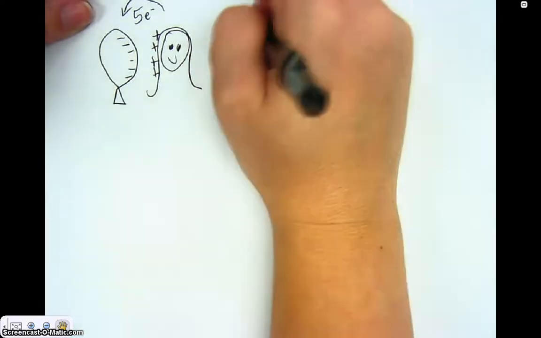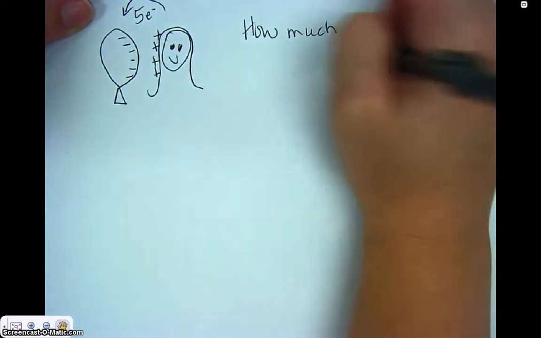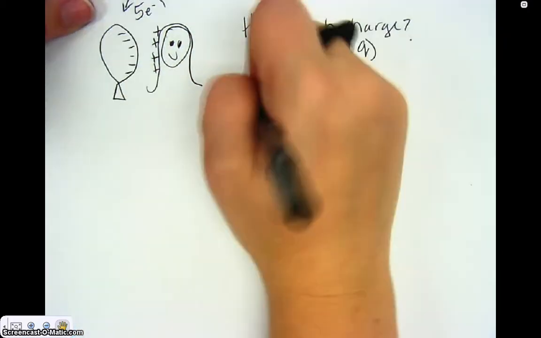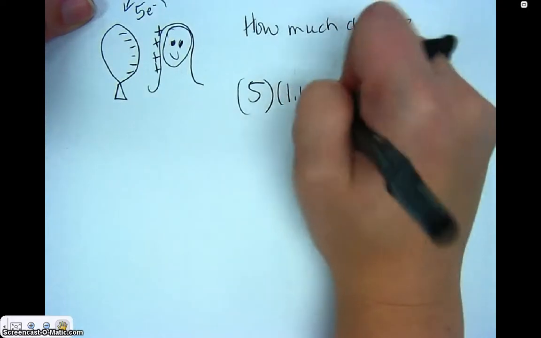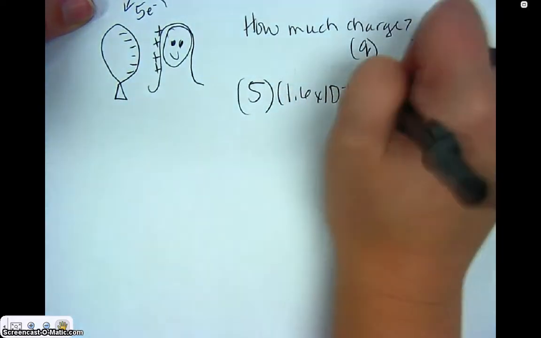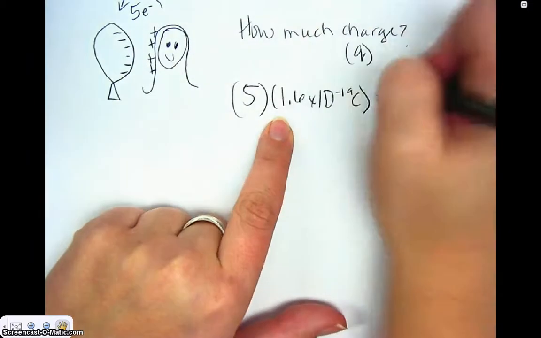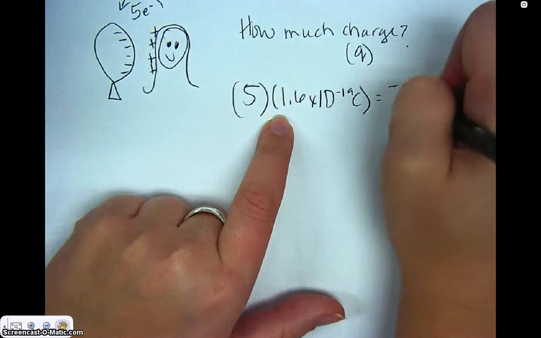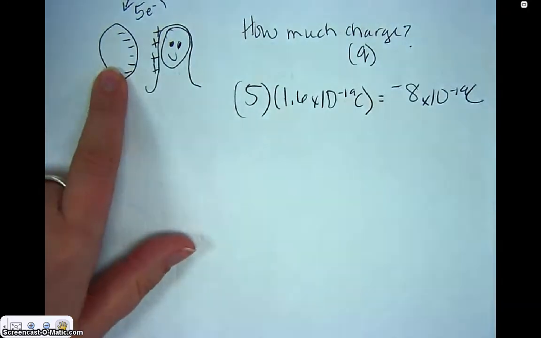I want to know how much charge that is. So how much charge? Remember Q. I would say, okay, I have 5 electrons that have jumped, and I know every electron is 1.6 times 10 to the negative 19th coulombs. So I would just multiply this number, and an electron is negative, so I'd end up with a negative 8 times 10 to the negative 19th coulombs of charge on the balloon.